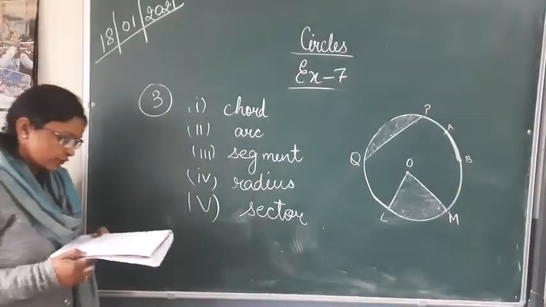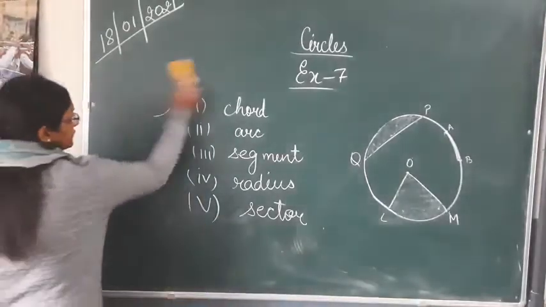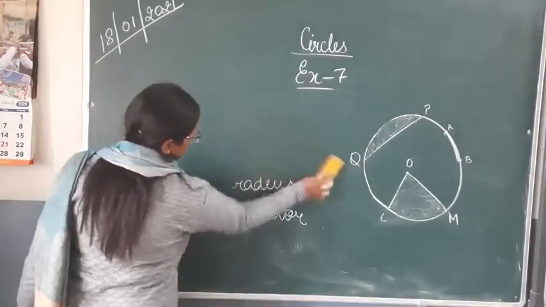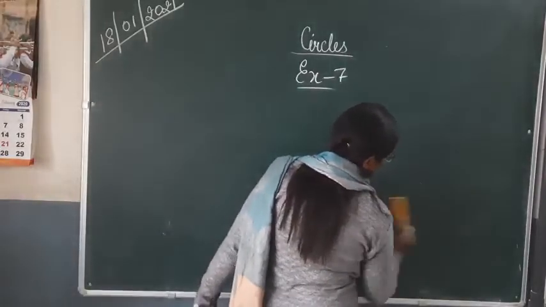Now next is question number 4. Question number 4 also we will do in book. We will not do that in our clear copy.